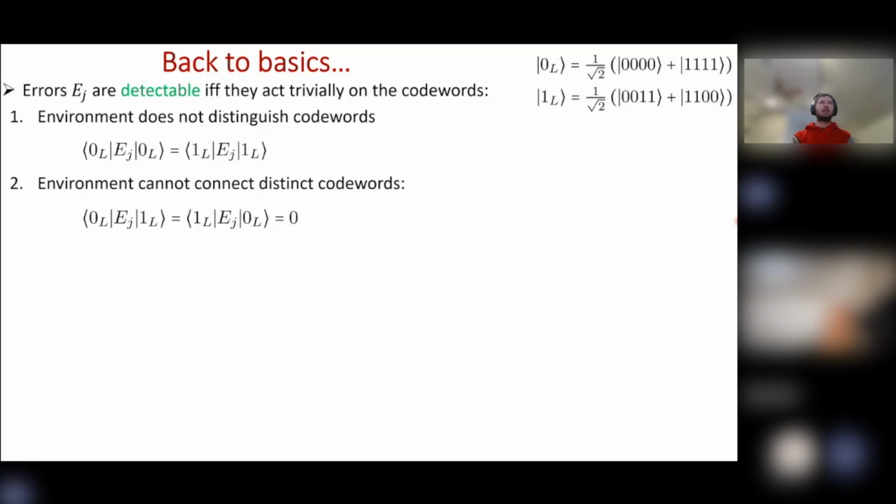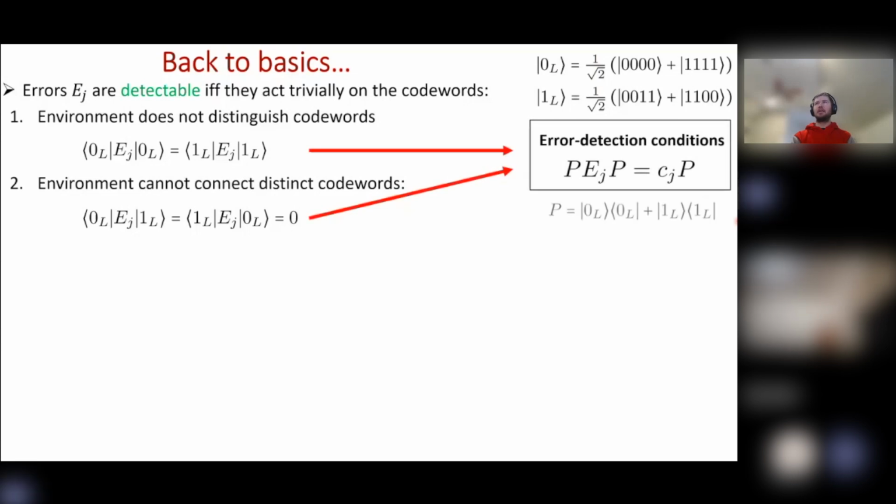If that happens, then you've basically implemented a logical operation, and you didn't know you did, because the information never left the code space. So in order for those errors to be detectable, they better not be implementing any logical operations. So those elements should identically be 0.